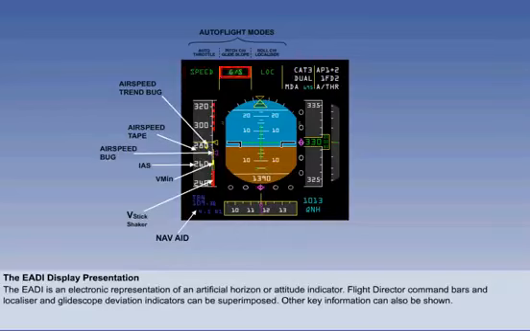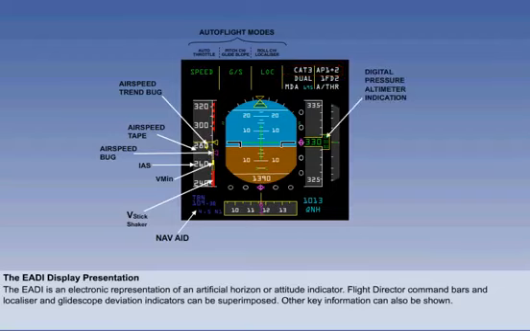The next column shows the pitch mode selected for vertical nav or glide slope. And the third, the heading, nav or localizer mode engaged. The autopilot status is shown to the right. In the example shown here, we can see that autopilots 1 and 2 are engaged, along with the auto throttle.